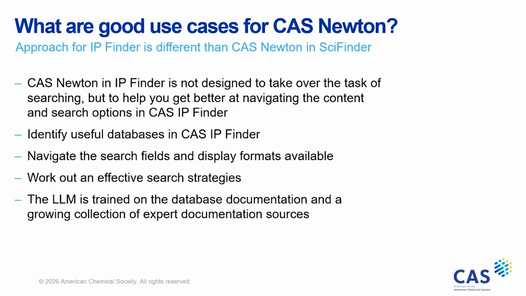So: identifying useful databases, navigating the search fields and the display formats available, and working out an effective search strategy. The AI model is trained on database documentation and also a growing collection of expert documentation sources.